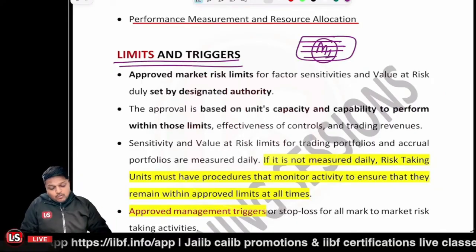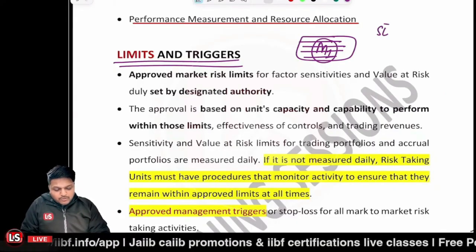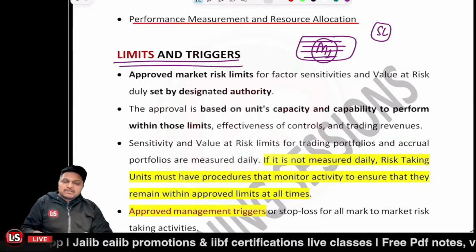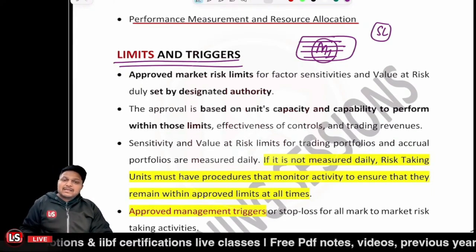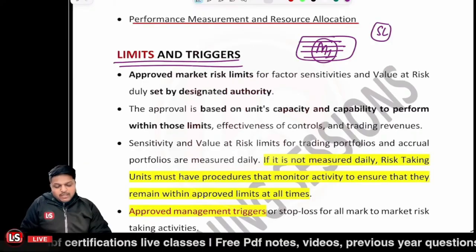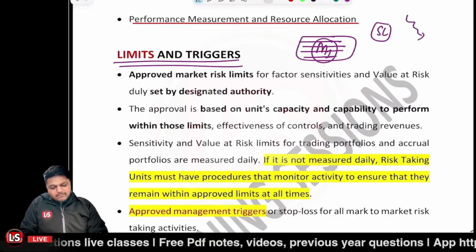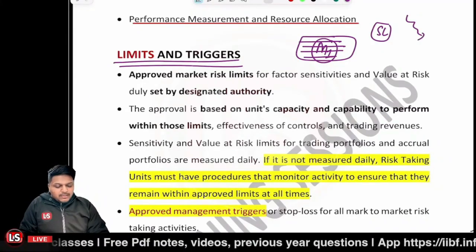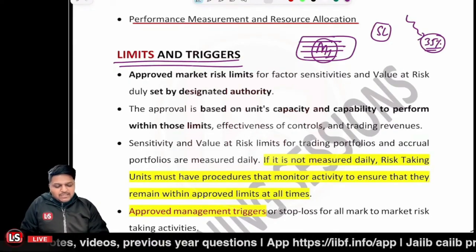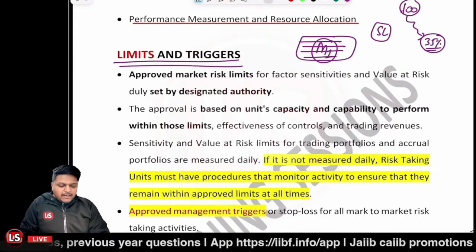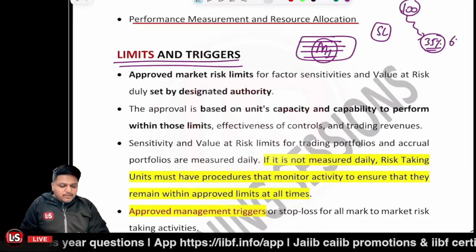Or it could be related to a stop loss limit. Let's say the person invested the value, and while investing you already have the stop loss limit, that if the share price goes down by 35%, then you will square off your position. Let's say you purchase the share at rupees 100 and you set the stop loss limit at rupees 65.